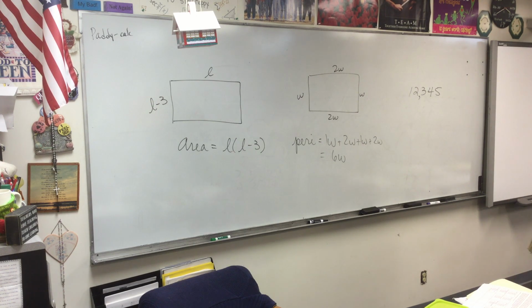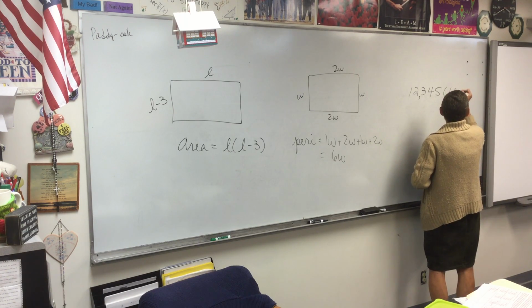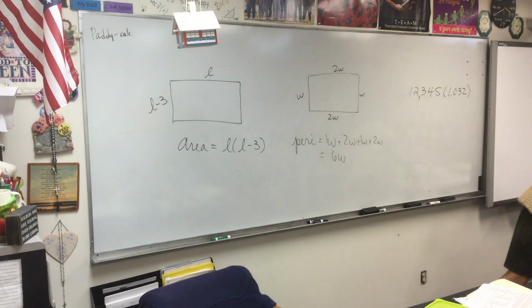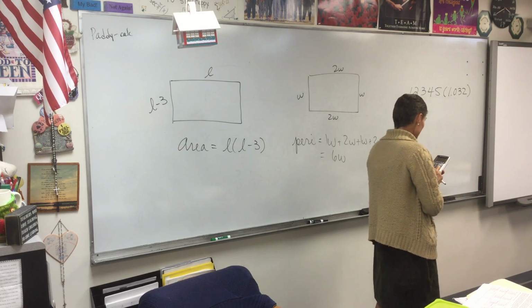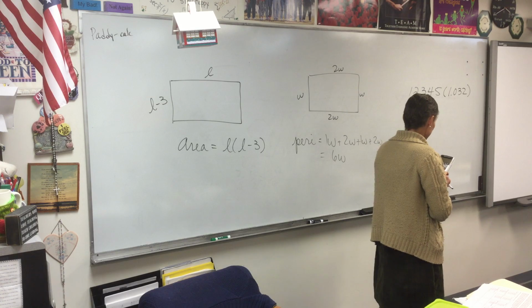Now, what am I going to multiply by? It's a 3.2% increase. Start with 100 and then add it. So I'm going to multiply by 1.032. So 12,345 times 1.032.